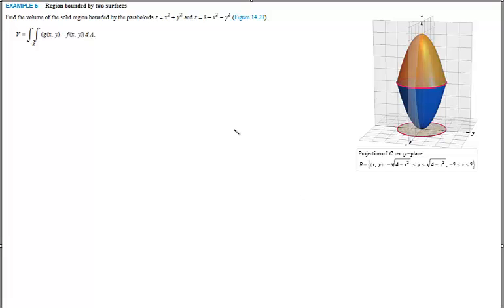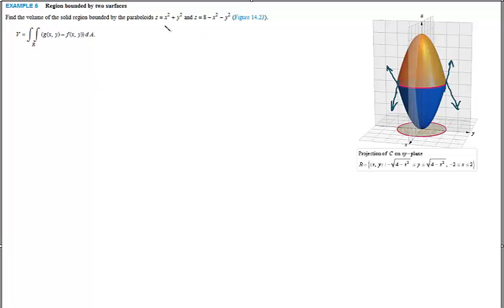Alright, we now have two functions that we are going to put together to create a solid that we're going to find the volume of. And we'll need to find, because each of these continues on in all directions and this one continues on in this direction, this exact intersection point between these two, and I need to project that down onto this xy plane so that I can get my limits of integration.